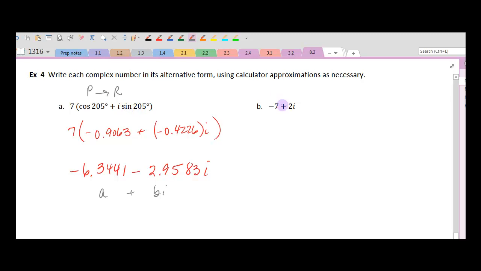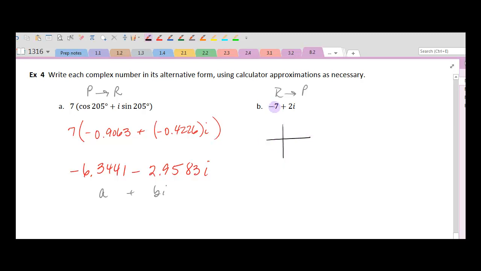Now the second example over here is going to go in the opposite direction. For this one we are starting in its rectangular form and we're going to move into its polar form. So I have to find what r and theta are in this particular case. So that's where we had our 4-step process from above. The first thing I want to do is draw my picture.